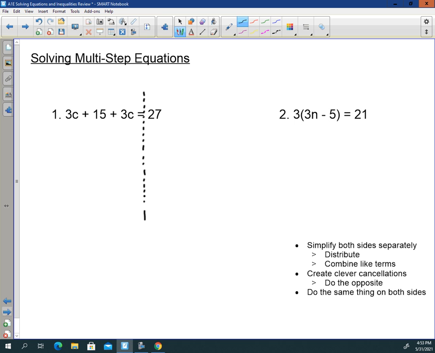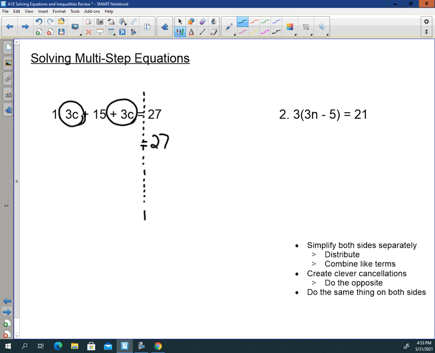Now looking at the right side, that 27 is completely done. There's nothing to do with it, so we're just going to leave it alone, and we know that on this side we will have 27. However, on the left side, we need to simplify because we have like terms. Notice that we have a 3c and another 3c.